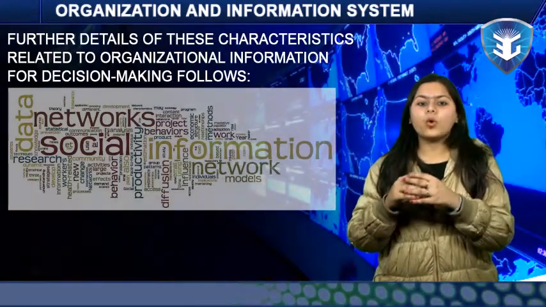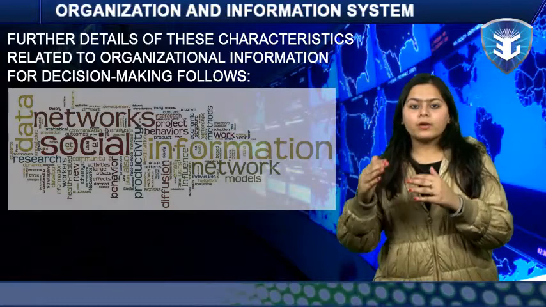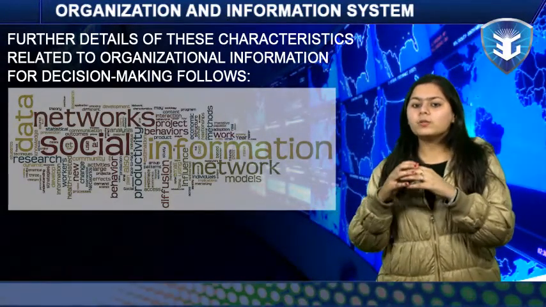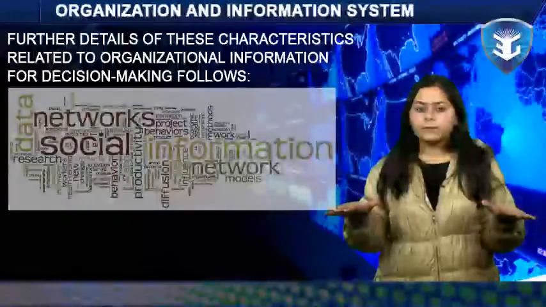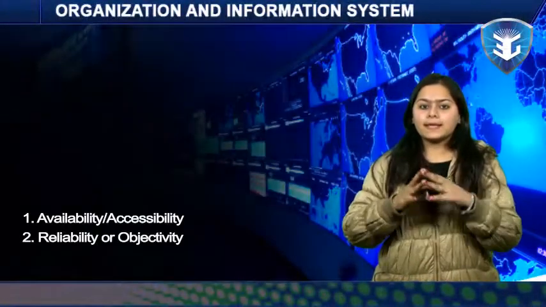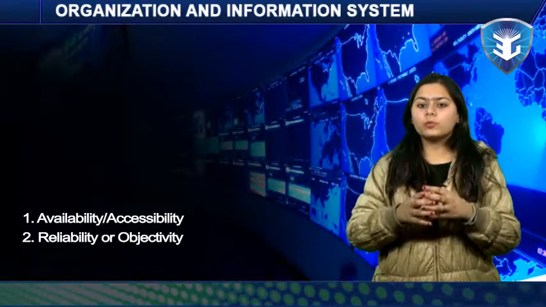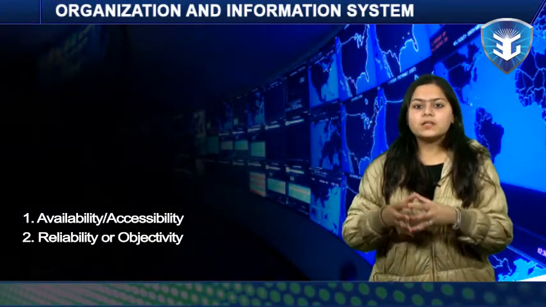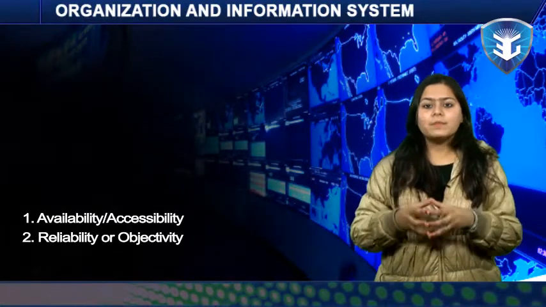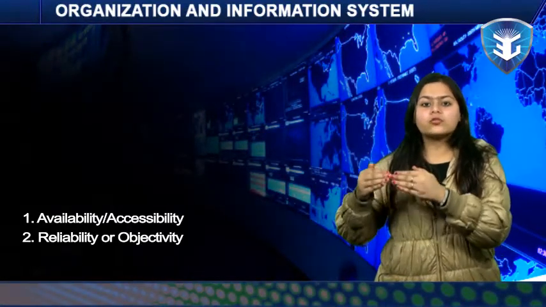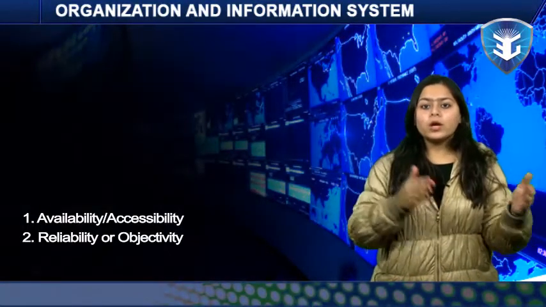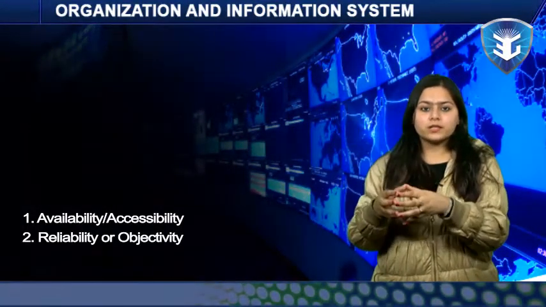Further details of these characteristics related to organizational information for decision making follow. Availability, accessibility: information should be easy to obtain or access. Reliability or objectivity: reliability deals with the truth of information or the objectivity with which it is presented.